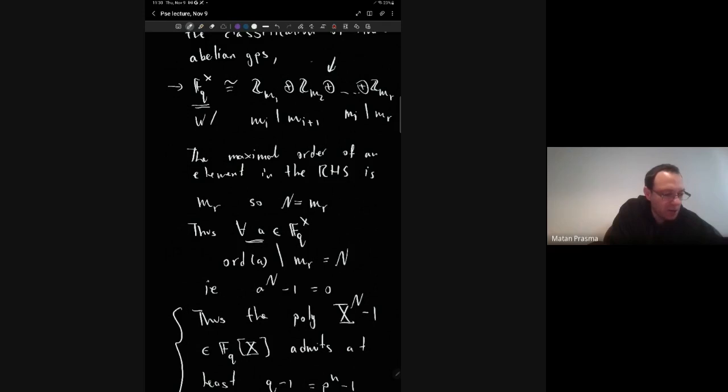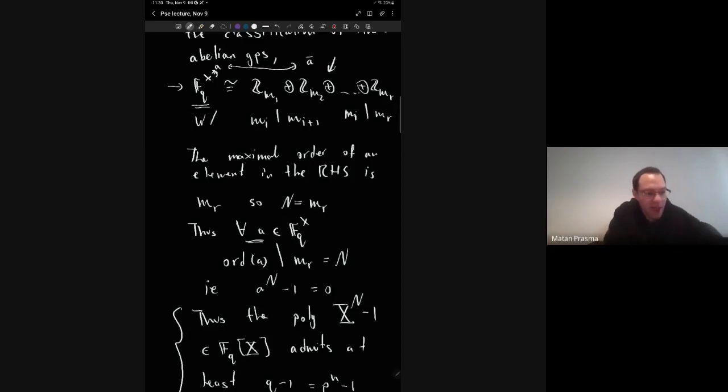A has an analog here, let's call it A bar. Using the isomorphism, I can find an A bar here with the same properties.